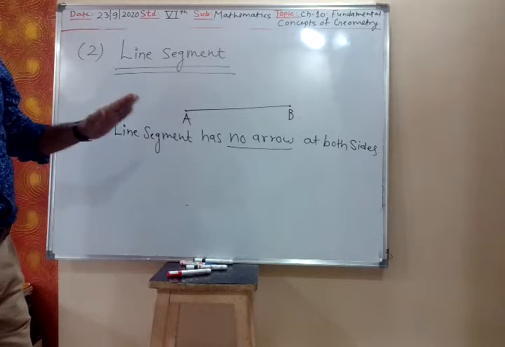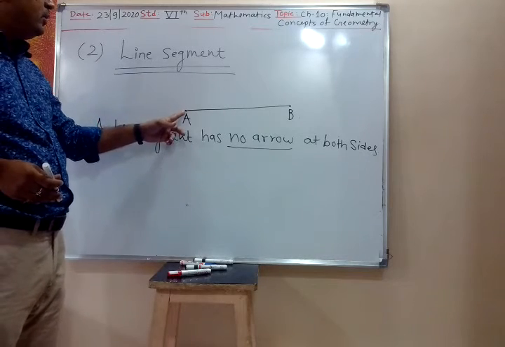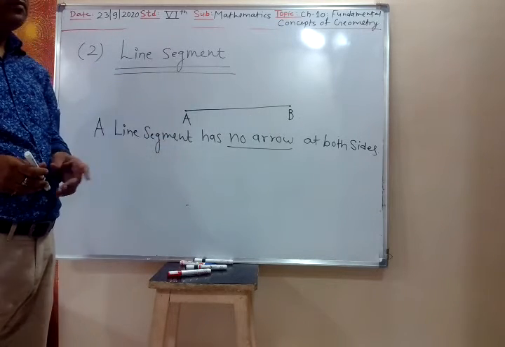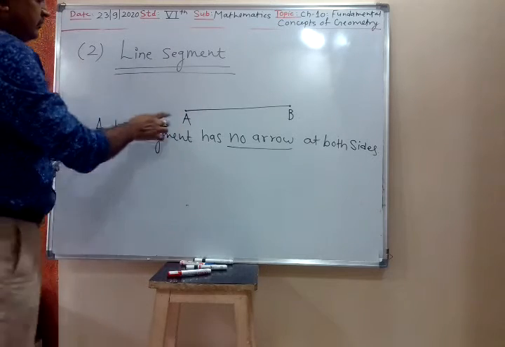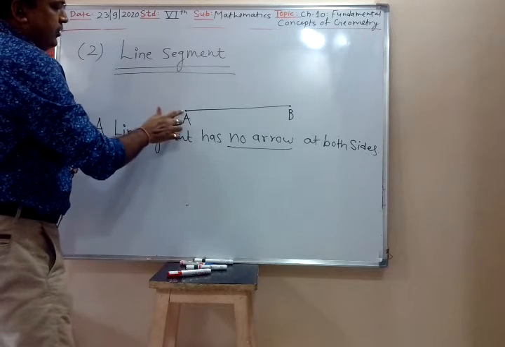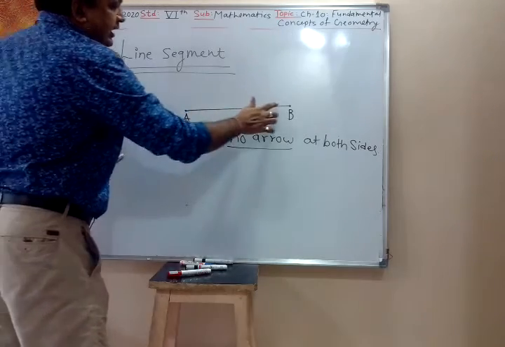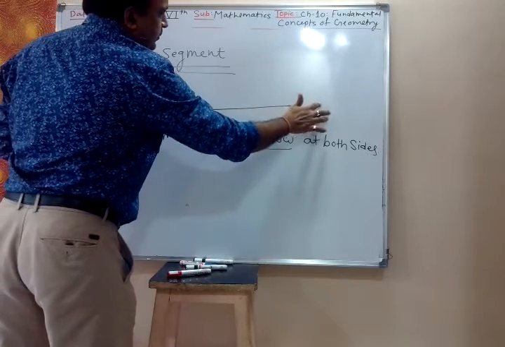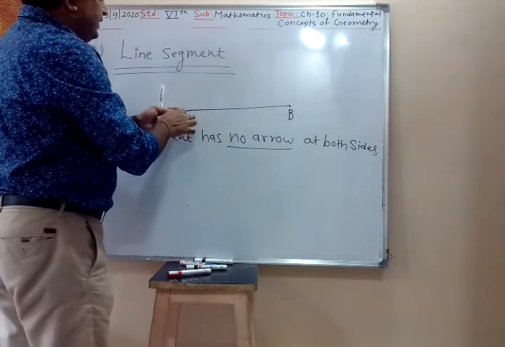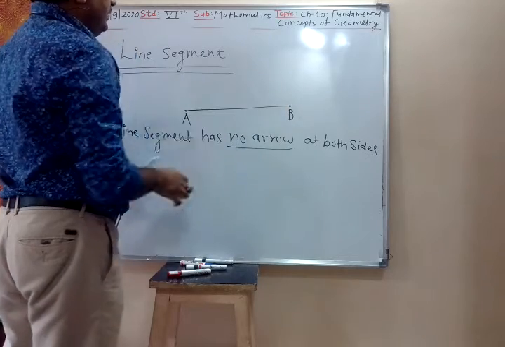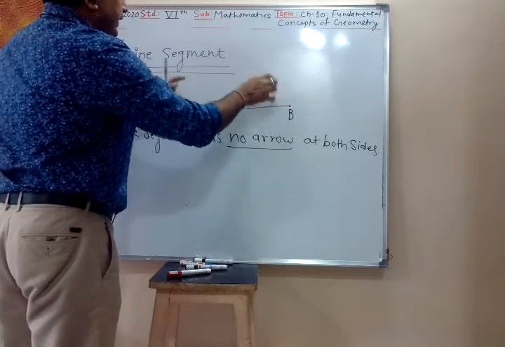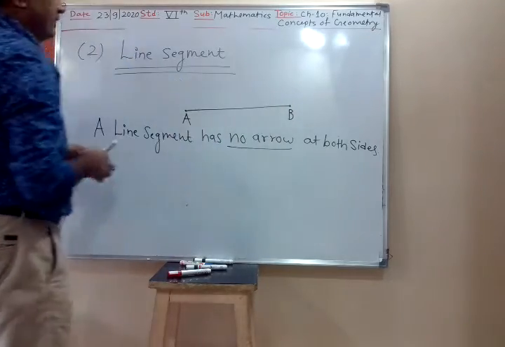Since there is no arrow at each side, I cannot extend A further. I cannot extend A because there is no arrow. I cannot extend B because there is no arrow. That means the length AB is fixed because it cannot be extended.